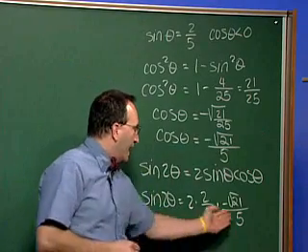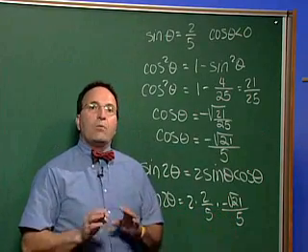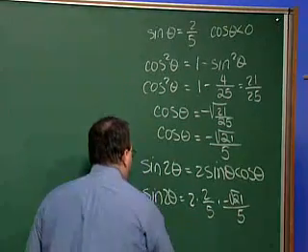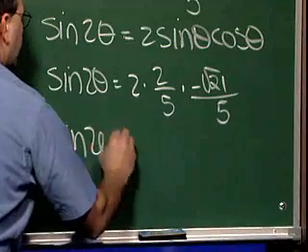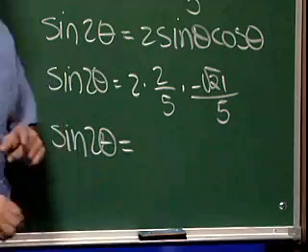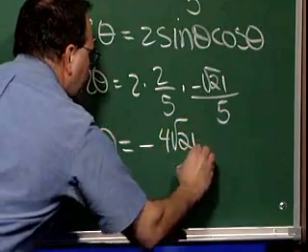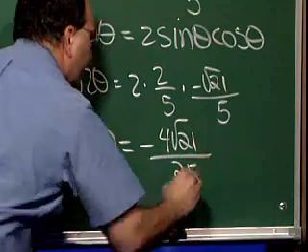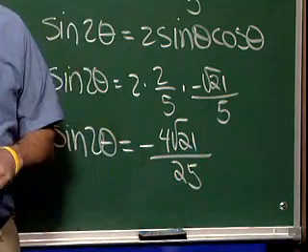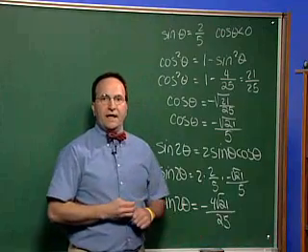Let's simplify that as far as we can, and what we'll find is that the sine of 2 theta is equal to negative 4 square roots of 21 all over 25. And that's the sine of 2 theta.